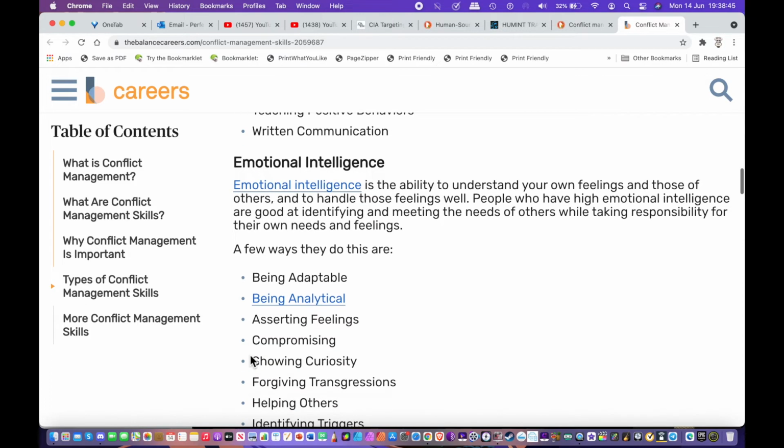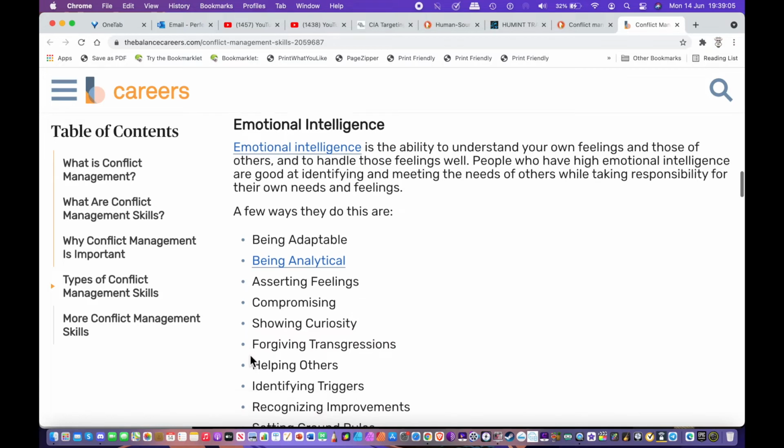Emotional intelligence. Emotional intelligence is the ability to understand your own feelings and those of others, and to handle those feelings well. People who have a high emotional intelligence are good at identifying and meeting the needs of others while taking responsibility for their own needs and feelings.